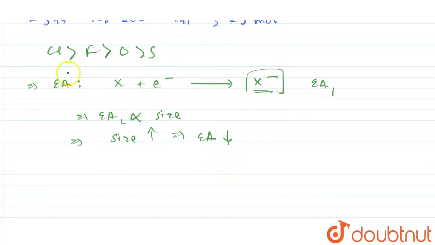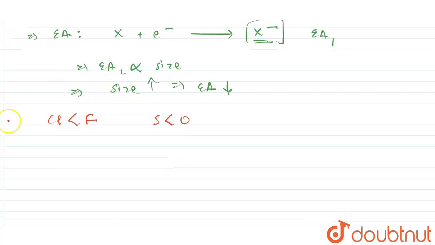If you see the option given, chlorine, fluorine, oxygen and sulfur, it should be seen that chlorine should have lesser electron affinity than fluorine, and sulfur should have lesser than oxygen. But that is not the case. In actual reality, fluorine will have less electron affinity than chlorine, and sulfur will have greater electron affinity than oxygen. Why is this happening?